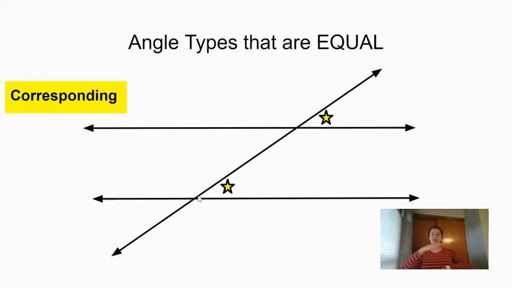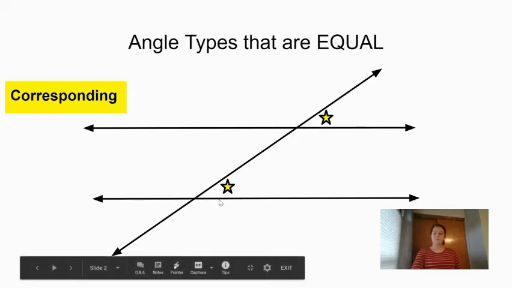When you have 2 parallel lines, your points of intersection are where the transversal crosses each parallel line. You can be in the upper left, lower right, or upper right. Which corner are the stars in? They are in the upper right corner. Since they are in the same corner at each parallel line, they are equal to each other.